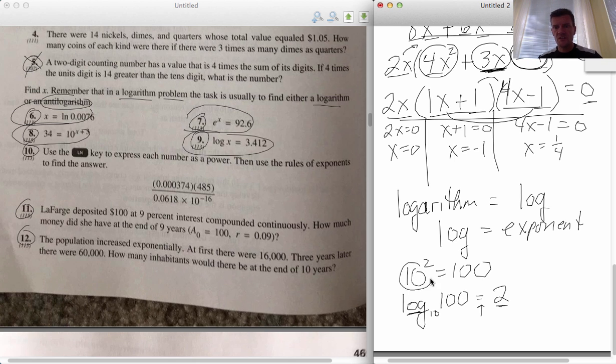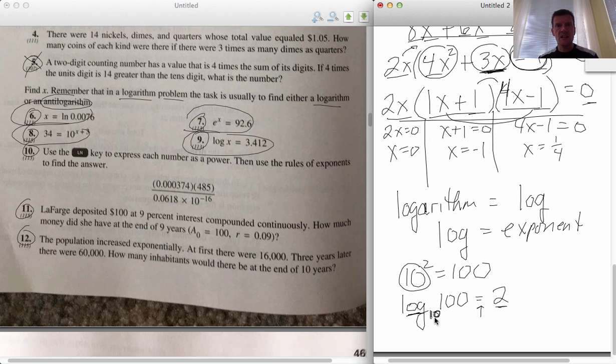This number 10 is your base, written as a subscript. If I don't write the 10, it's understood to be base 10. That's called common log. It's so common. So if I just write log of 100, it's understood to be base 10, and the answer there would be 2.